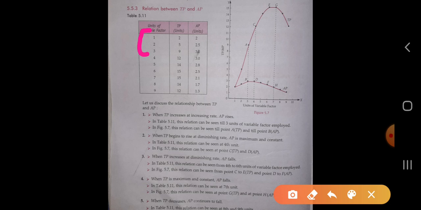In figure 5.7 this relation can be seen till point A, where TP increases at increasing rate, and till point B we can see that AP also increases.